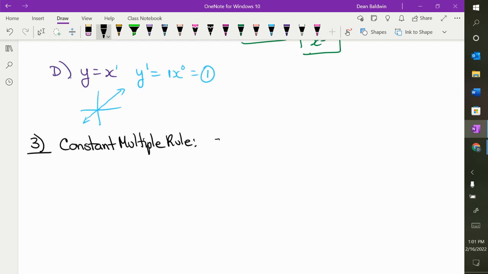Pull a constant out. So if I have a constant c inside my function, you can pull the constant outside. So it becomes c times the derivative of f of x. Okay?